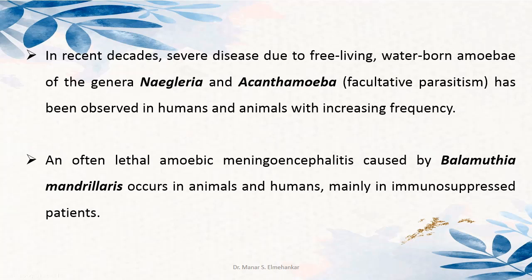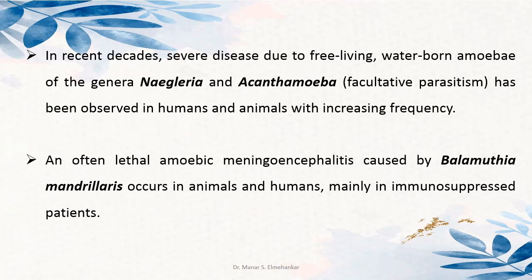Also, in recent decades, severe disease due to free-living forms, which are waterborne amoebae of the genera Naegleria and Acanthamoeba, which are facultative parasites, has been observed in humans and animals with increasing frequency.